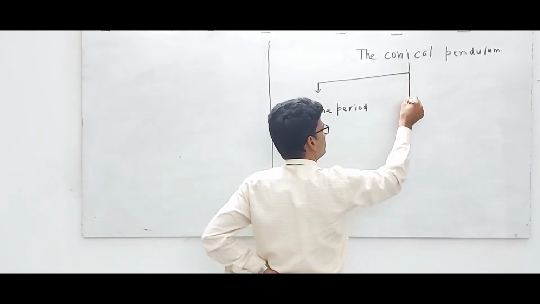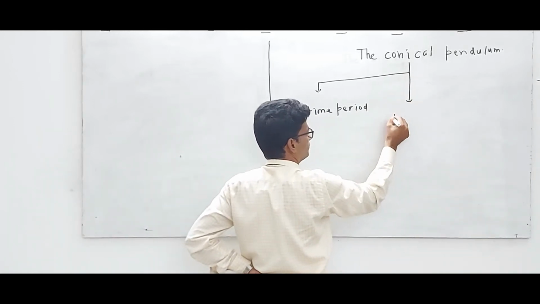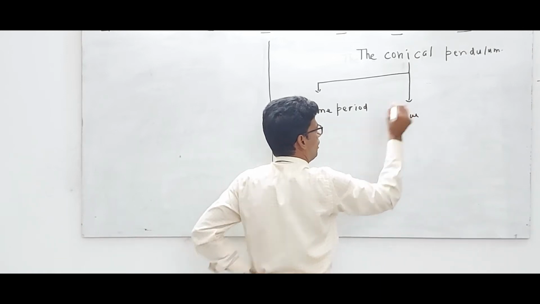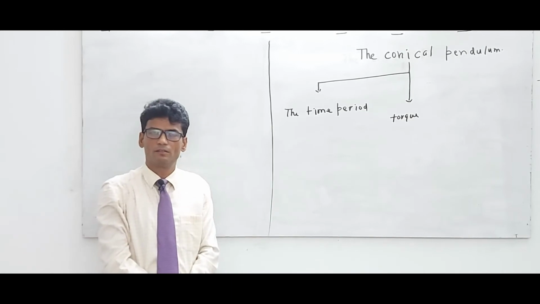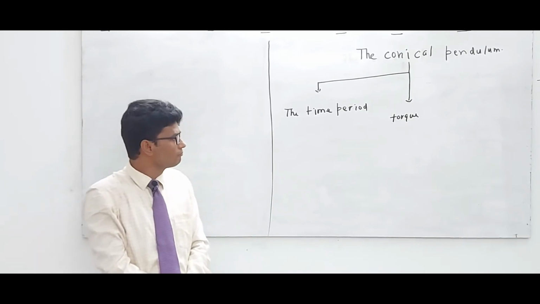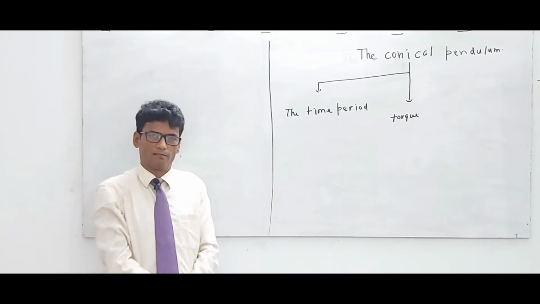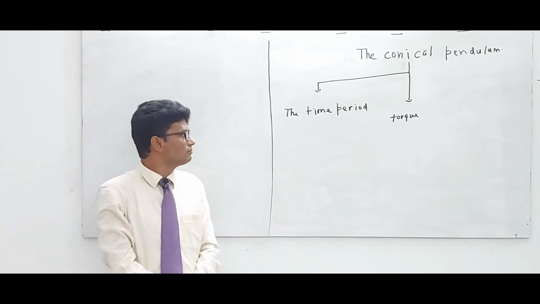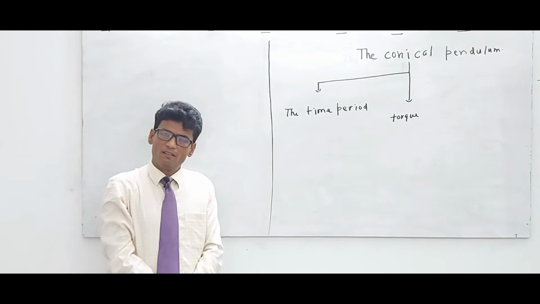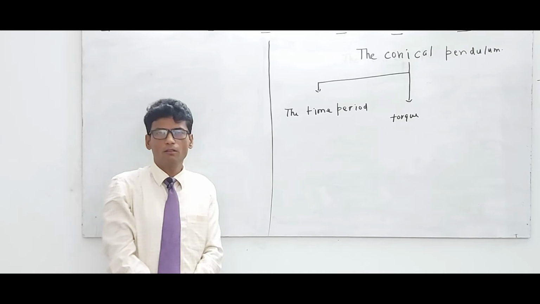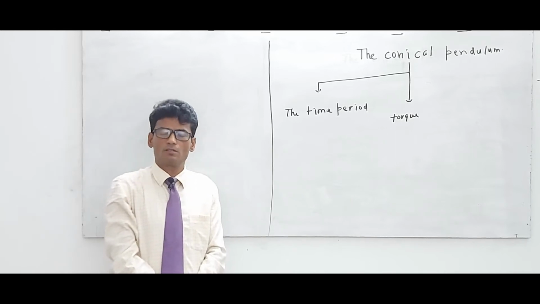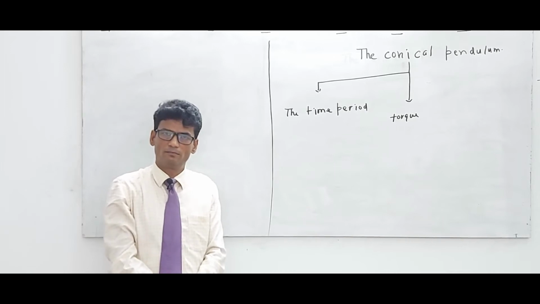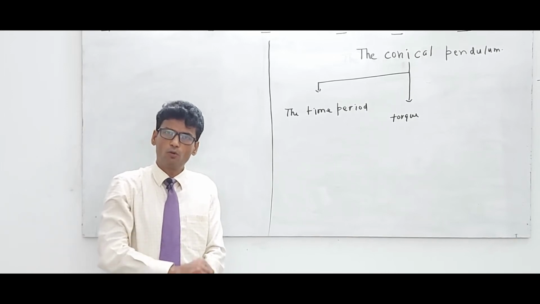Secondly, here we will take up torque. How torque is associated with the conical pendulum. It will be very interesting because today we are going to see that torque equal to I alpha may not hold good all the time.